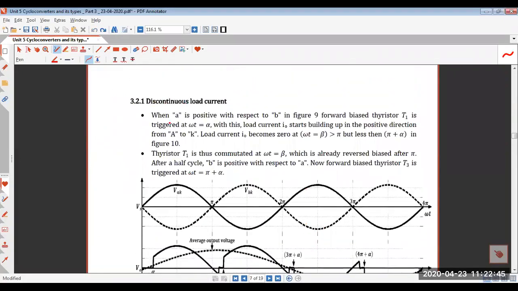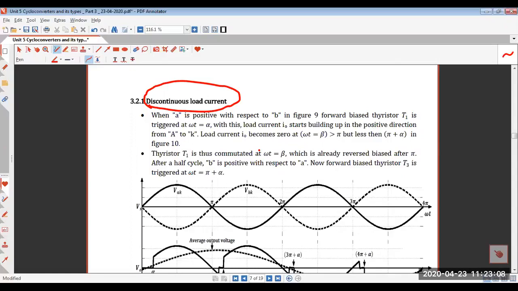There are two things that we'll discuss here, because now an inductor is being used in the load. So obviously the nature of the current will change. There may be a possibility that the load current could be continuous or discontinuous in nature.